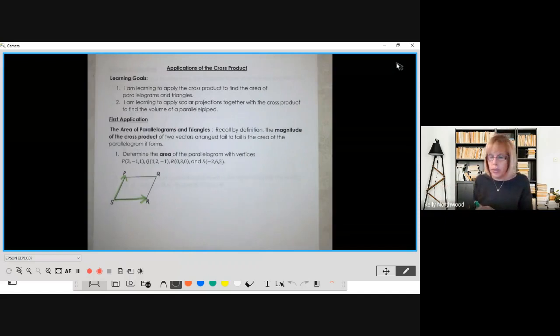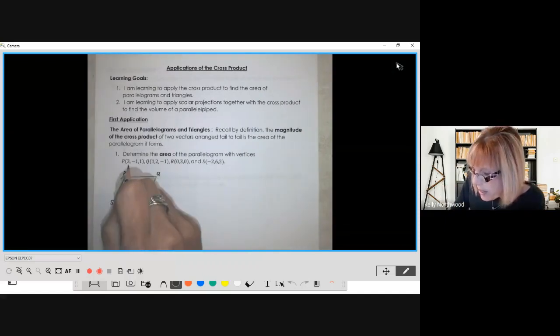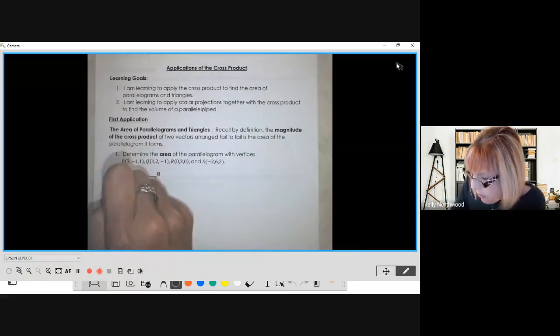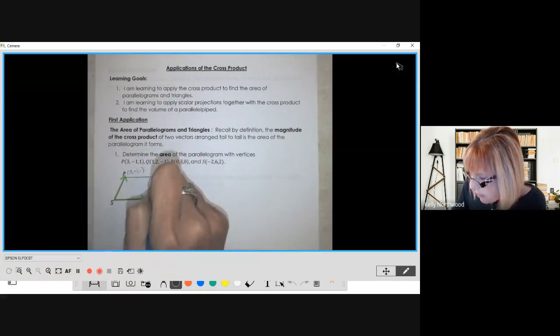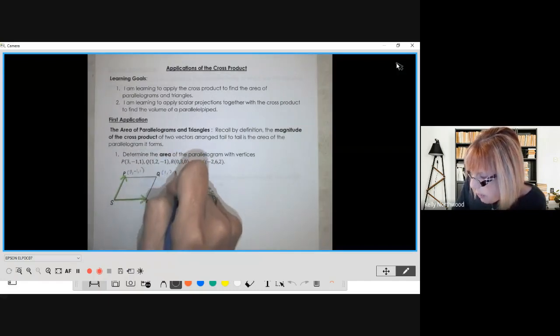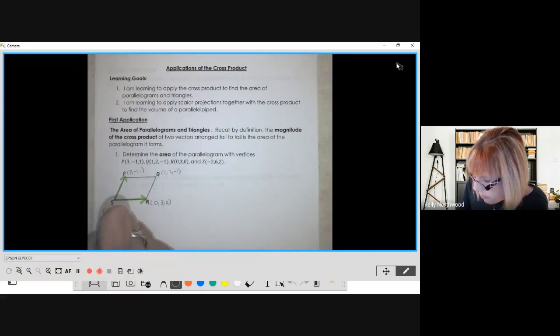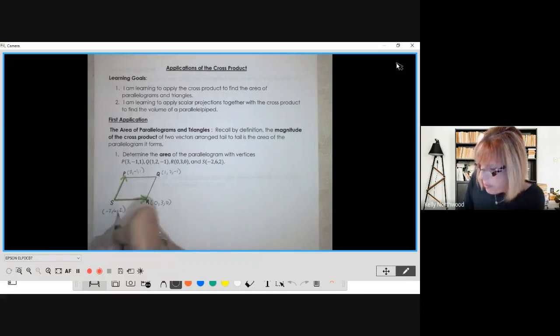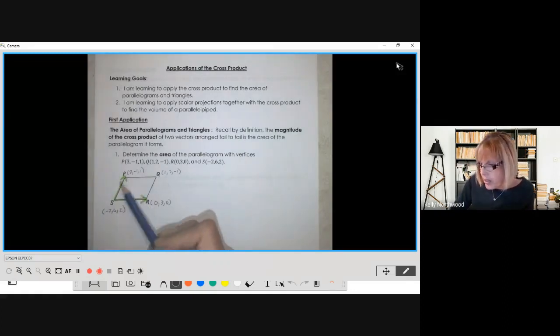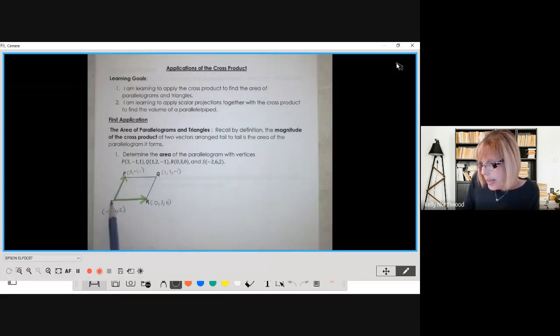So I might choose those two because they're tail to tail. And notice again, these are vertices here. So they're not vectors. They're just points in 3 space. And we want to make vectors out of them, point-to-point vectors. So the way I've chosen is I've chosen vectors SP and SR. You could have chosen like PQ and PS.